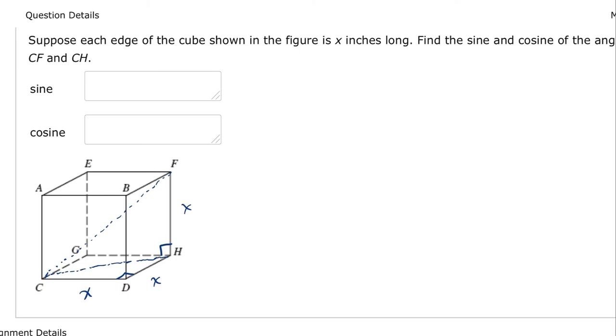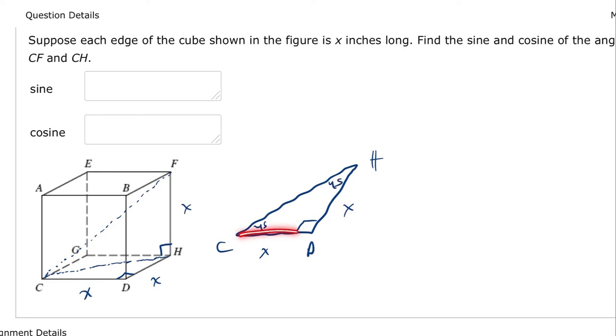So if I draw that out, it's going to look something like this. Well, this is C, D, and this is H. We know that this is x and x because all the edges are x. Therefore, this is an isosceles triangle, which means this has to be 45, 45.